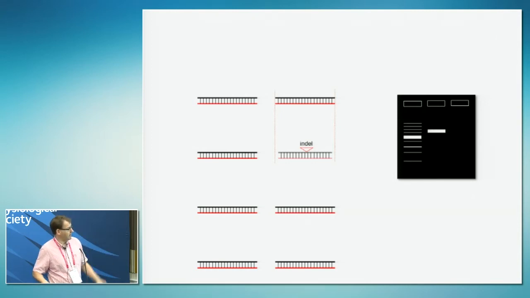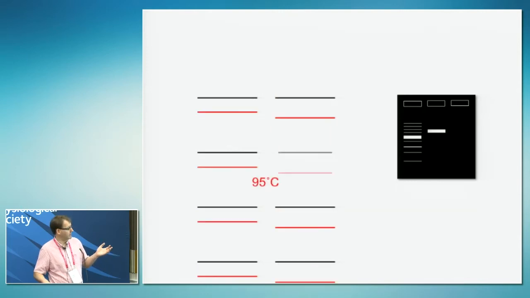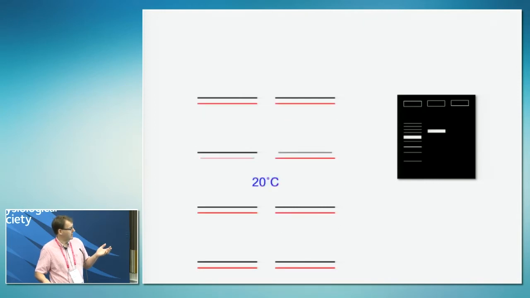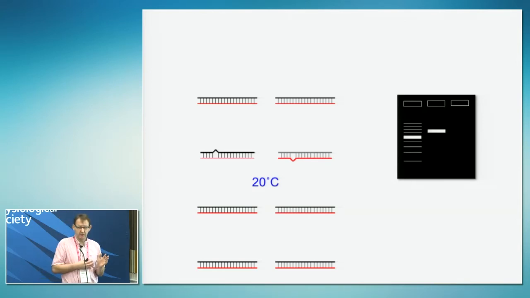So a really simple technique was developed a few years ago, whereby you simply boil your PCR product, which denatures them. It doesn't damage them. You then allow them to mix for a few minutes so they reassort, and then cool it back down to room temperature, take it out of the kettle, and then these molecules will reanneal. But if a short molecule reanneals with a long molecule, you'll get these little bubbles.